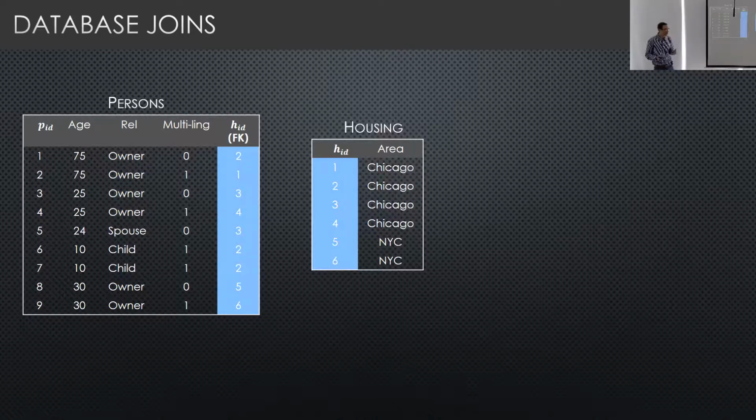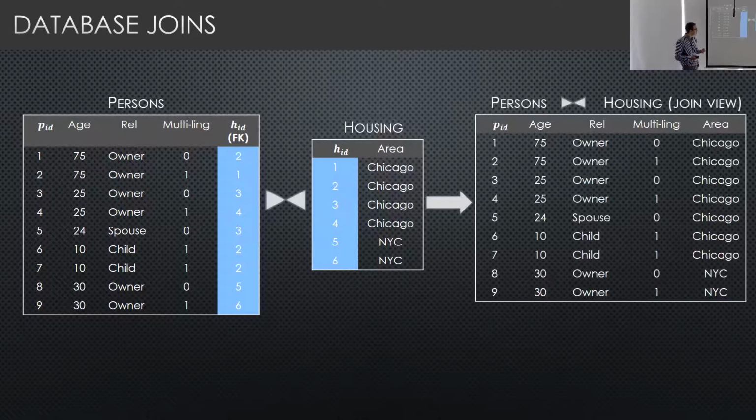Joins allow us to reason and query about complex relationships in the database. So if we were to join the two tables, given this column, we would get a new table called the join view that connects each person with the area in which their household is located.